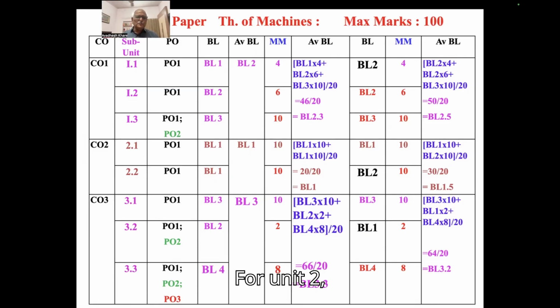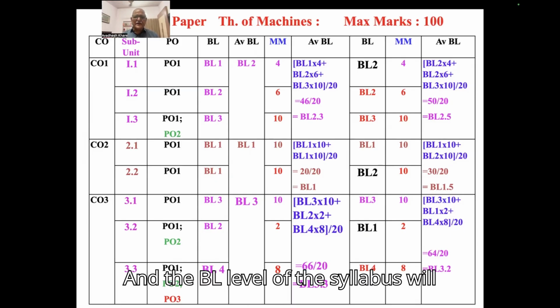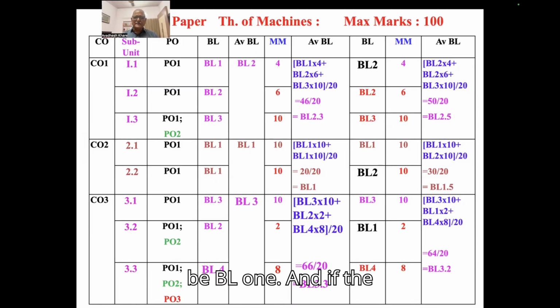For Unit 2, we are supposed to deliver it at BL level 1, both the subunits. We decide to have 2 questions, 10 marks each, and the BL level of the syllabus will be BL1.